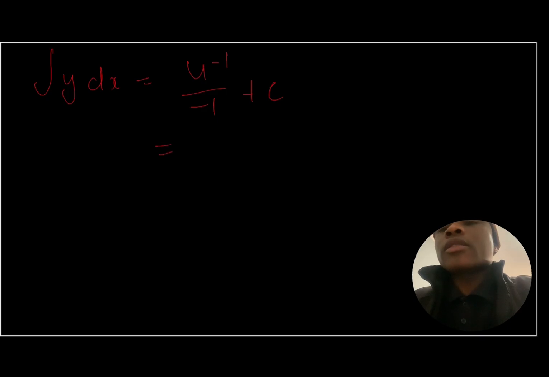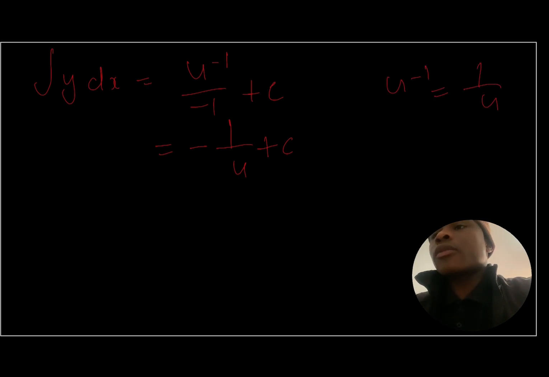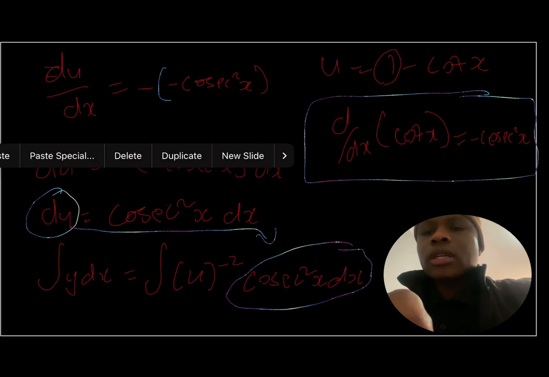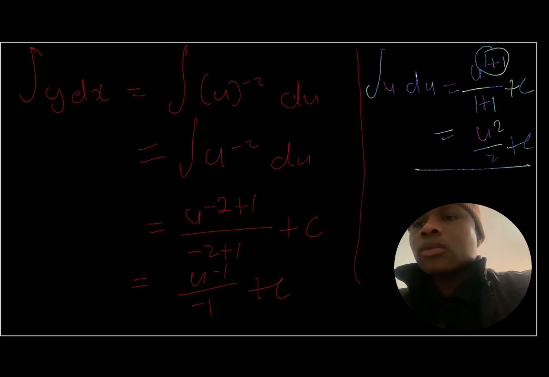Let us simplify further: a negative exponent is a fraction, so u to the negative 1 is 1 over u. But we need to write the equivalent value of u. As we said, u is equal to 1 minus cot x.